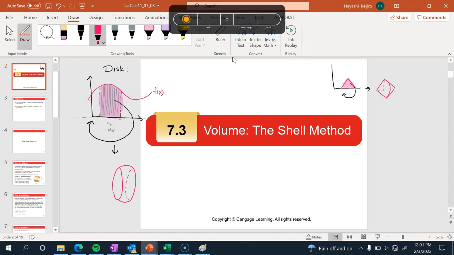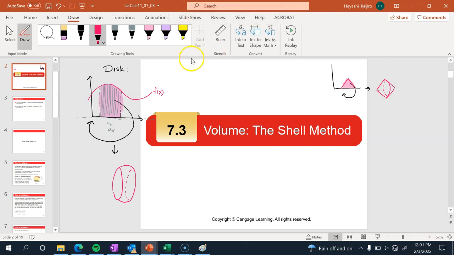But if, only knowing the disk method, we have to do this dx, then this actually has to be split up into two integrals.